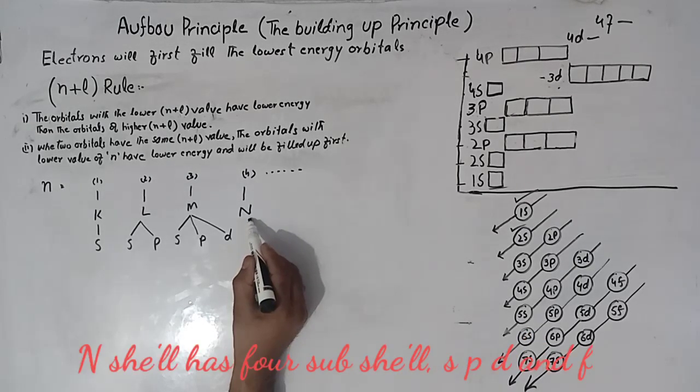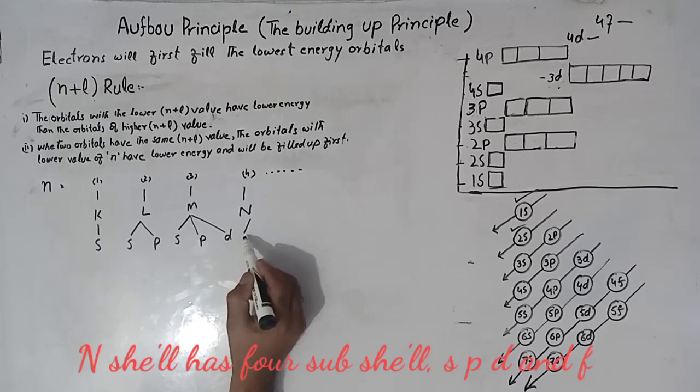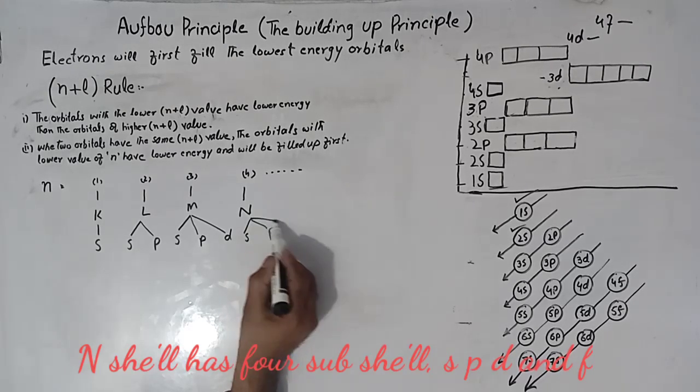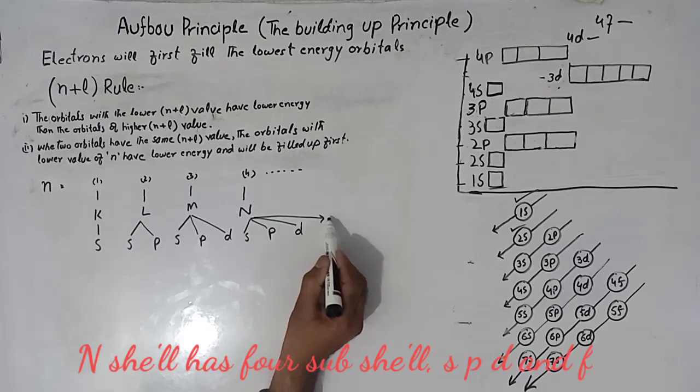N has four subshells: s, p, d, and the fourth one is f.